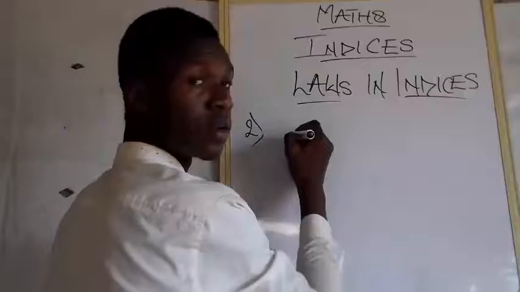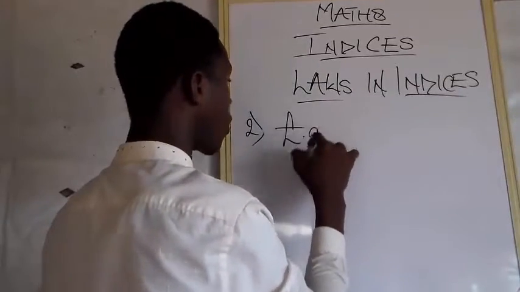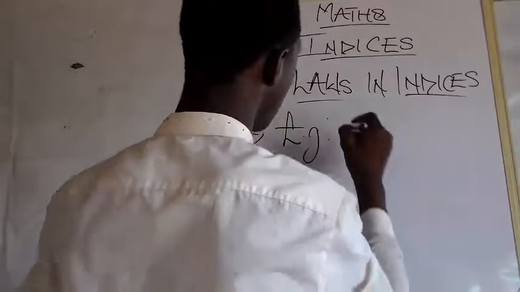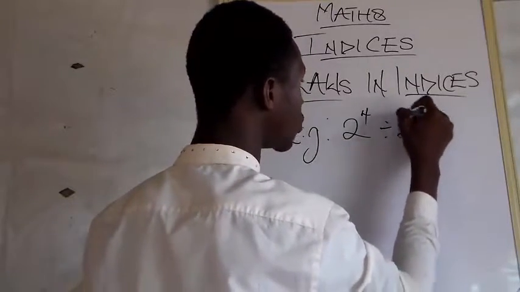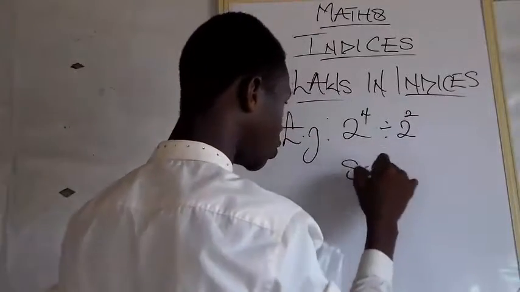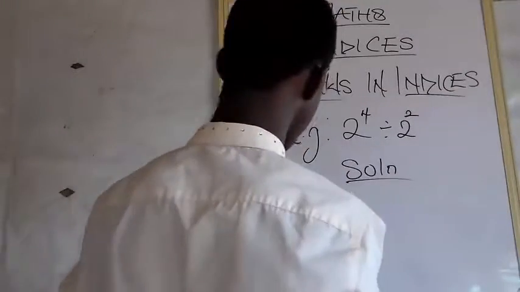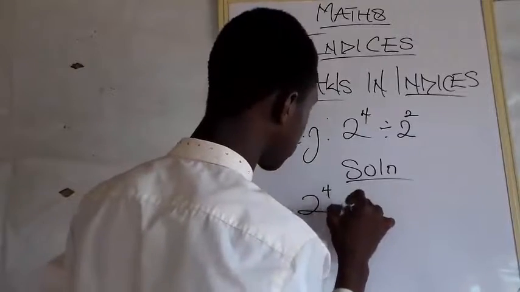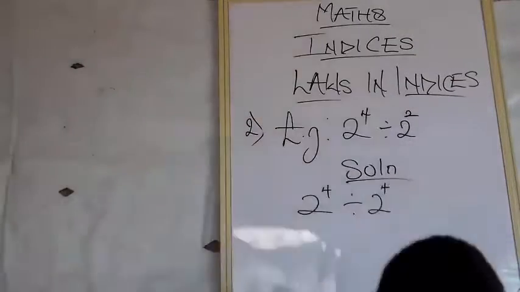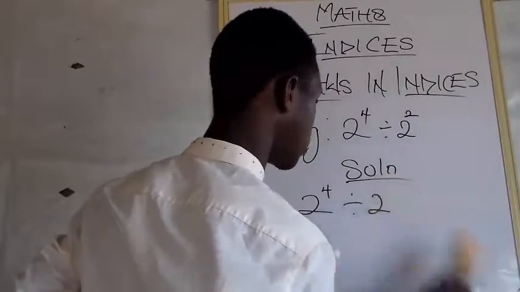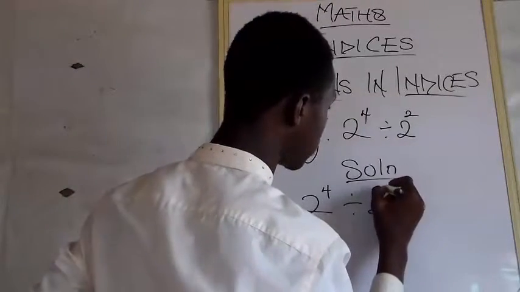Now for example, we have 2 raised to power 4 divided by 2 raised to power 2. In your solution, you bring down the equation, 2 raised to power 4 divided by 2 raised to power 2.